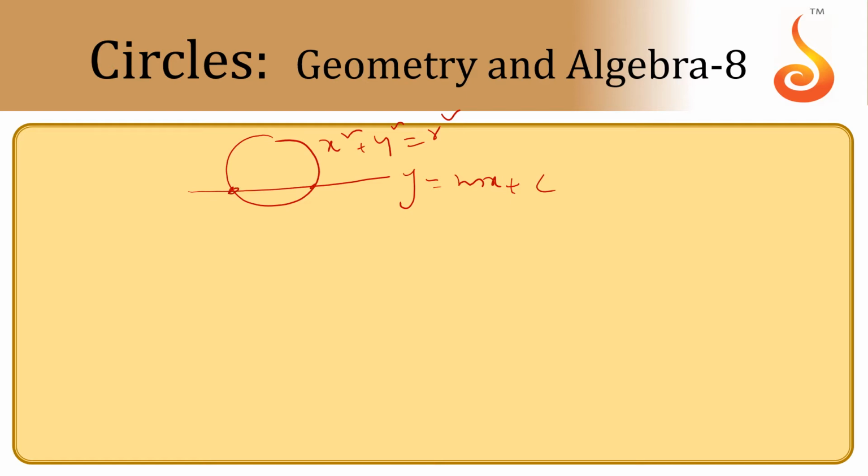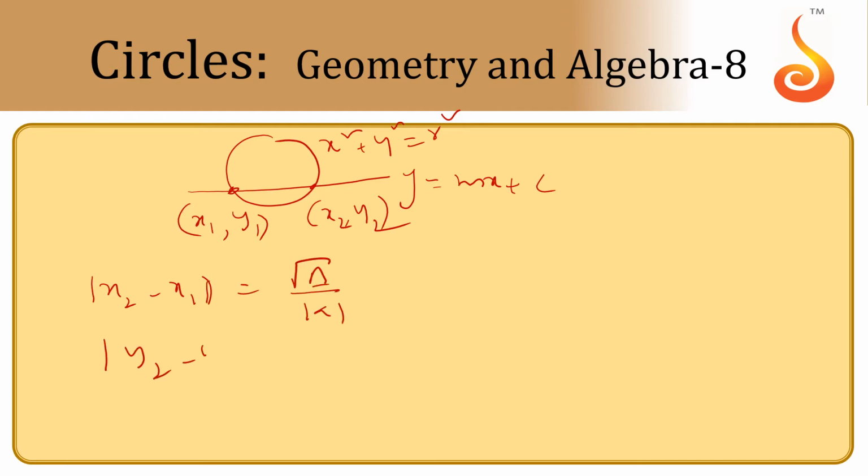Now when I eliminated y and got a quadratic in x, its roots will be the x coordinates of the common points. When I eliminated x and got a quadratic in y, the roots will be the y coordinates of the common points. By using that quadratic, I think you know in a quadratic equation the difference between the roots is root delta by mod a, where delta is the discriminant of that quadratic equation, and a is the coefficient of x square in the first case and of y square in the second.